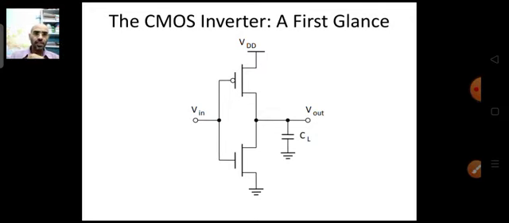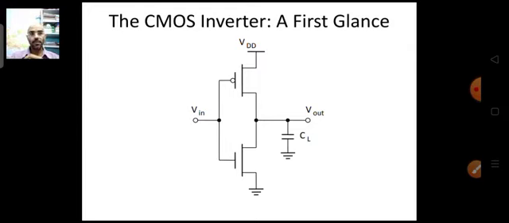But still, if you see the circuit in the general form, it will look something like this. At the connection of the gates we apply the input, and at the connection of the drains of the 2 MOSFETs we apply a capacitor, and that is the total load capacitor. This load capacitor consists of intrinsic as well as extrinsic capacitors.